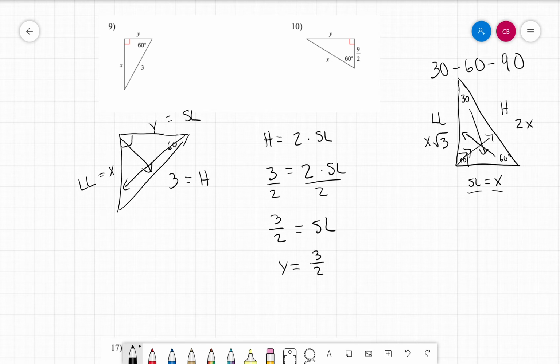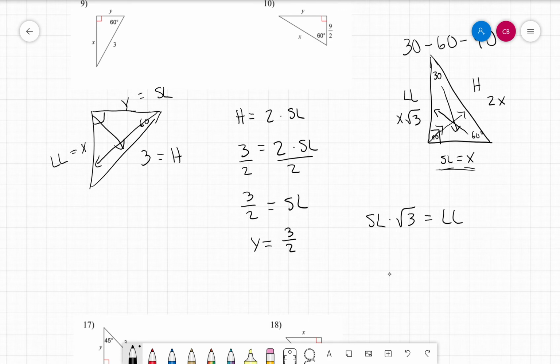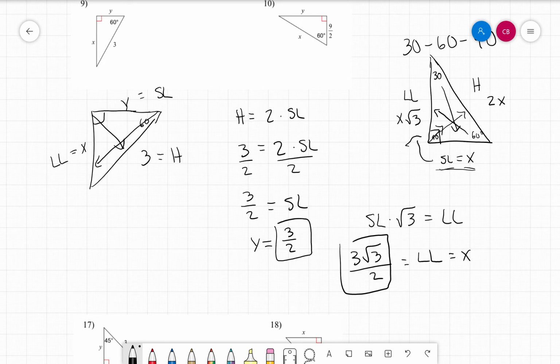Next, we know the short leg times the square root of 3 is equal to the long leg, because of the relationship up here. So 3 times the square root of 3 over 2 is the long leg, which is equal to x. So your x is this, and your y is that. Those are good to go.